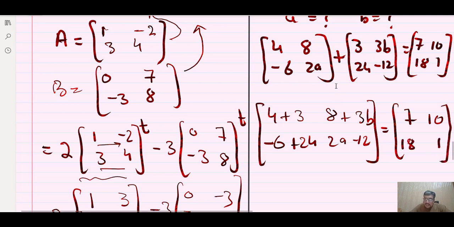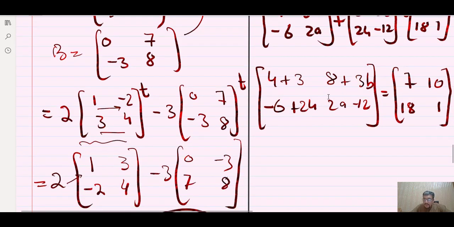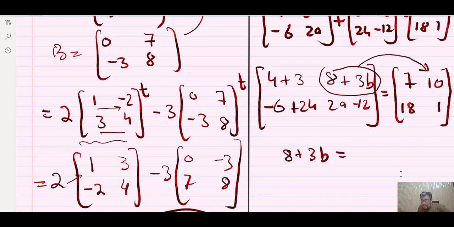As this is given in the shape of an equation, we will extract two equations from this. If you see, we will equate this 8 plus 3b with this 10. This 8 plus 3b is equal to 10, because both of these entries are at the same location.